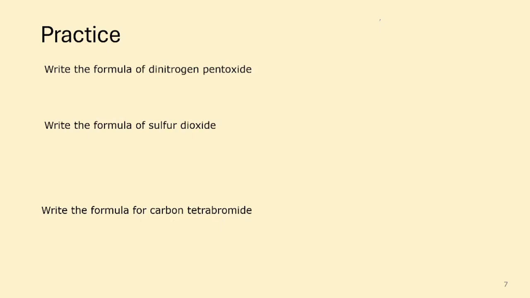Write the formula of dinitrogen pentoxide, write the formula of sulfur dioxide, and carbon tetrabromide. Okay, so at this point, remember the first step is: is it ionic, covalent, or acid? And when I'm looking here, I see the di. Also, I see N is a nonmetal. And I see the pent.